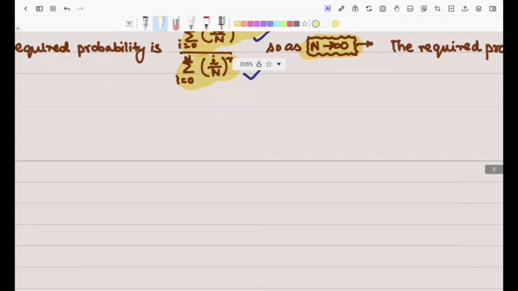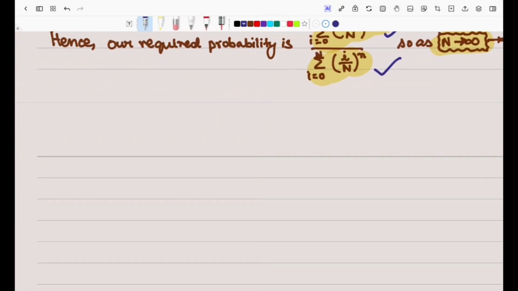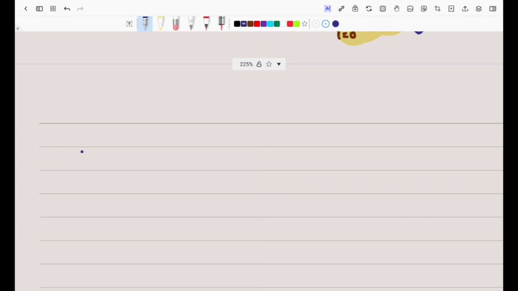Now, as a special case, we have another problem that you can try out, a bit of a modification or generalization to the problem. What I am telling you now is the generalization.